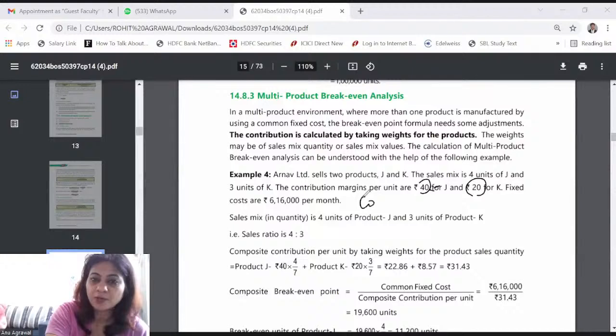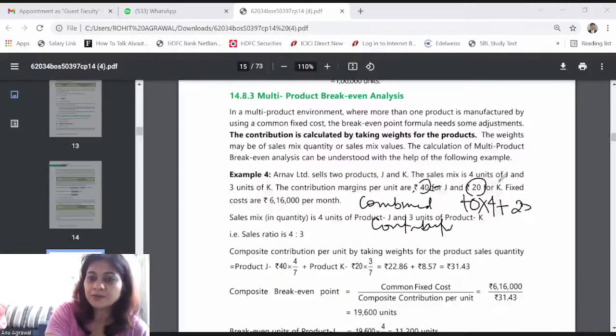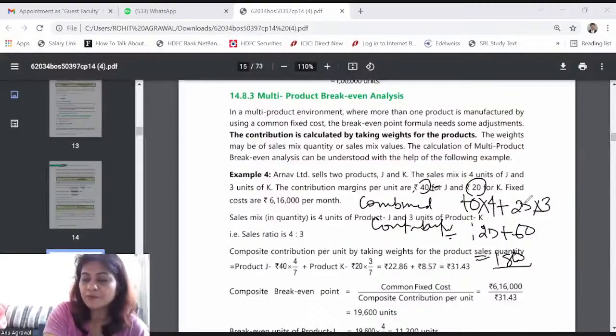That means if I want to find out a combined contribution, what should I do? 40 into 4 of J plus 20 into 3 of K, yes or no? Which is 120 plus 60, which is 180, yes or no? Divided by how many units? 4 of J and 3 of K, 7.